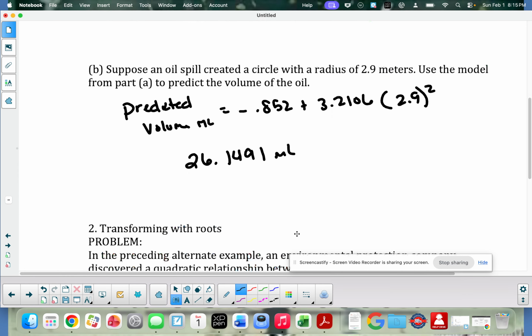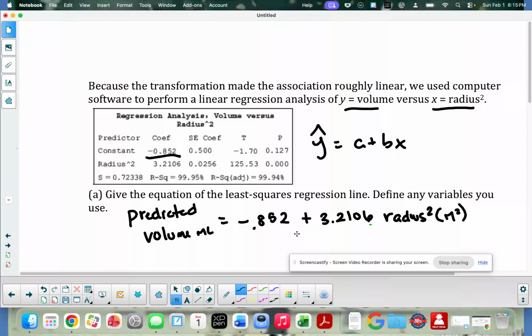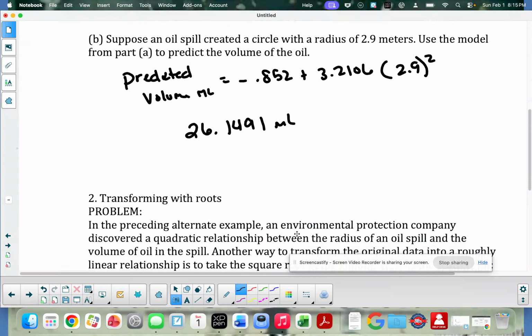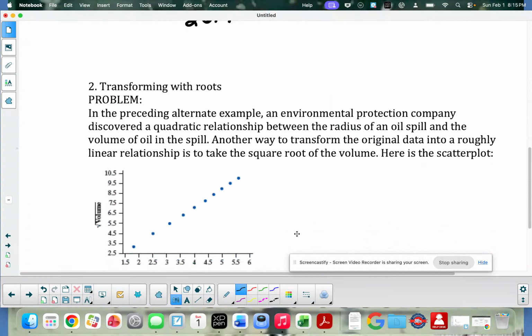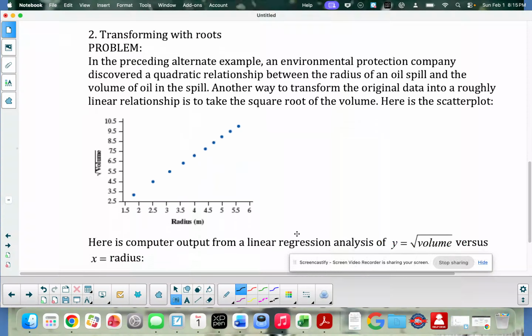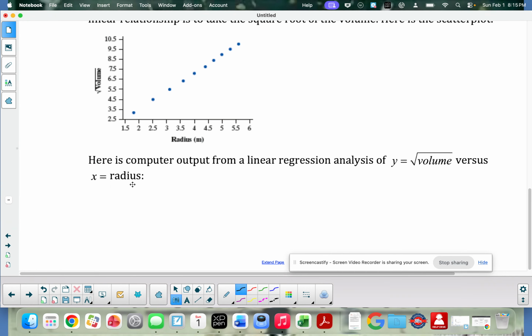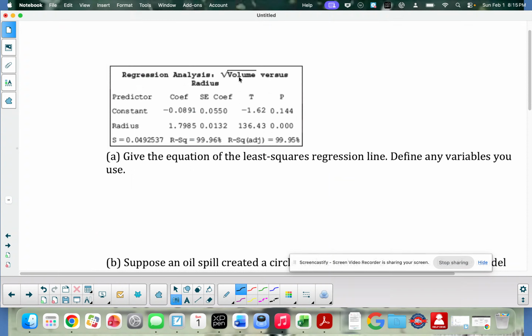All right, so now they squared the x, and that made it linear. Well, in the next set, they decided they were going to square root the y instead, just to see what that would do. And that also made the data linear. Okay, so y is now the square root of the volume, and the x is now just the radius, the normal radius in meters. So if we write the computer output for this, with the y being the volume and the x being the radius, how are we going to write that? Well, again, remember that y hat means predicted.